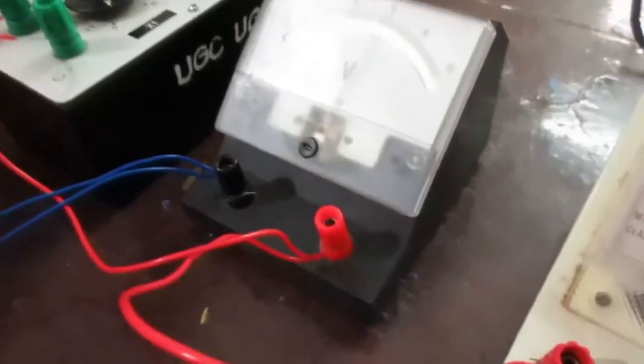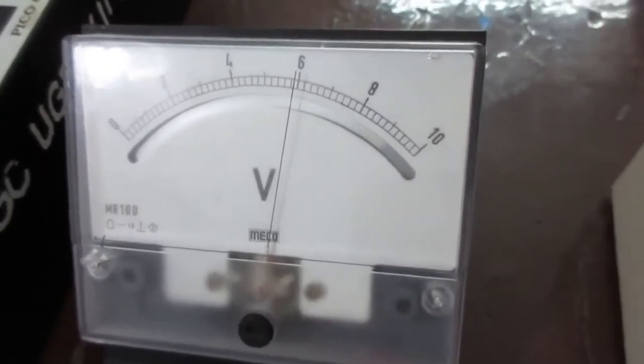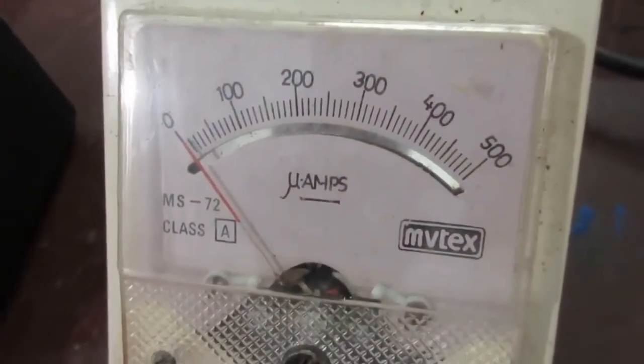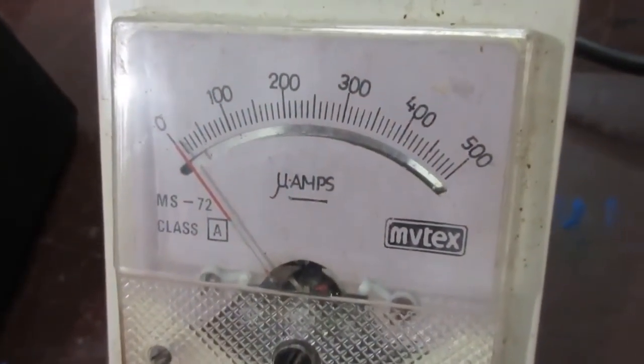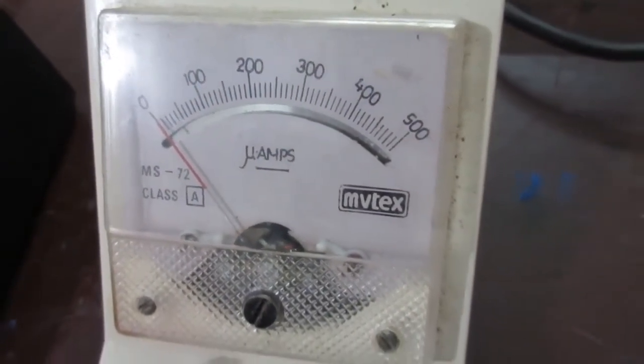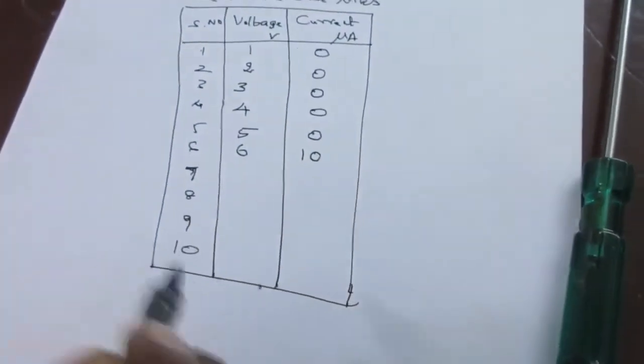Now we increase the voltage further. Now we have kept it at 6 volt. For 6 volt there is a slight movement in the needle of the micrometer. It shows something like approximately 10 microamps.